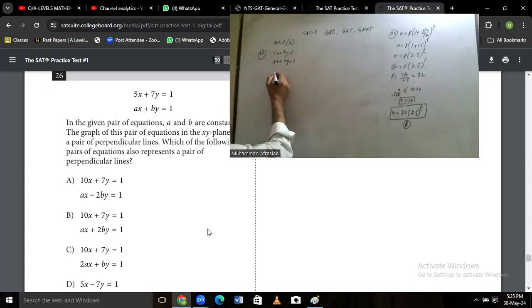So we know that when two lines are perpendicular, then the product of their slopes should be equal to -1.